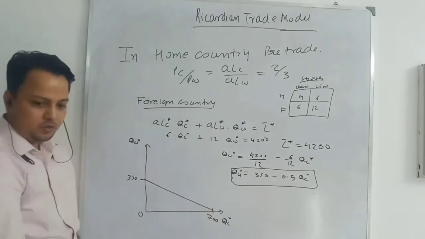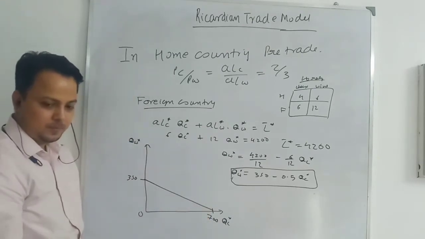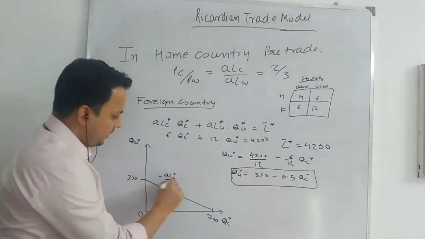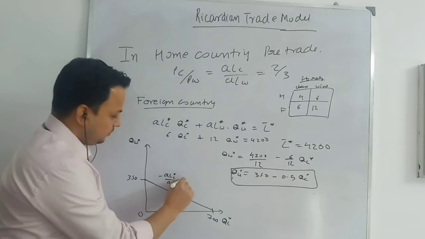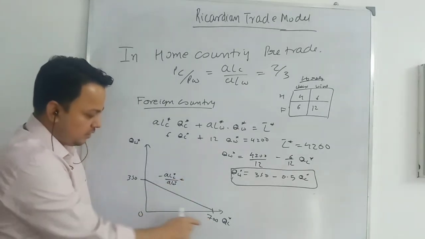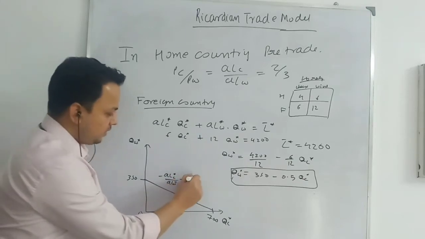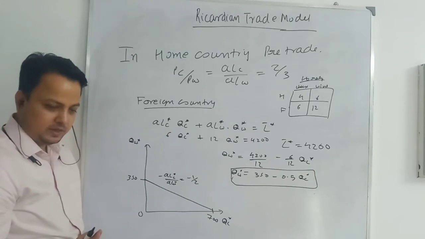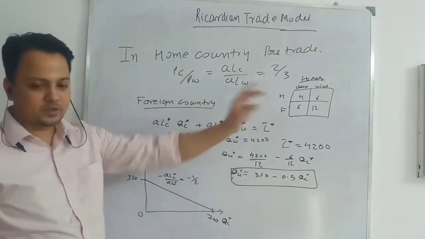What will be the slope? Minus ANC star over ANW star. Or 350, y2 minus y1, x2 minus x1, it will be minus 1 by 2. Right? Look at the opportunity cost table also.